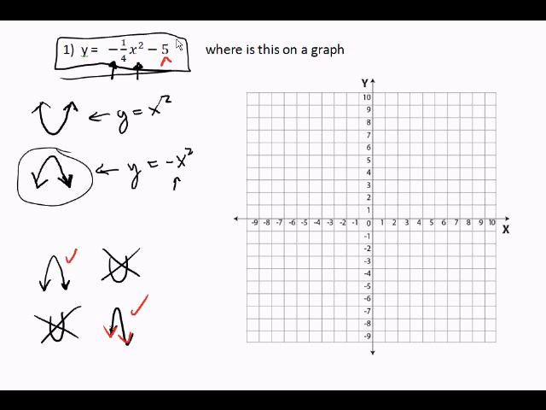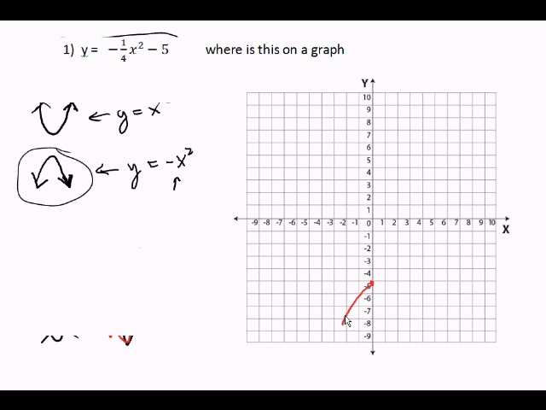Now, there's more to it. This minus 5, when there's a minus 5 on the outside, that's telling you the actual y-intercept. This graph actually touches the y-axis at minus 5. That's the vertex, and then it's going to go down from here. So that minus 5 is where that graph goes down.